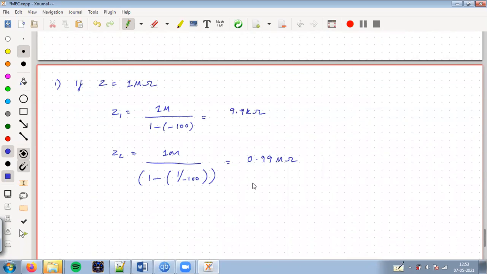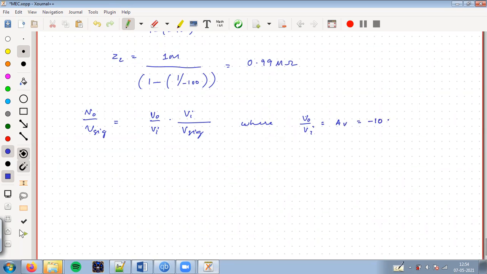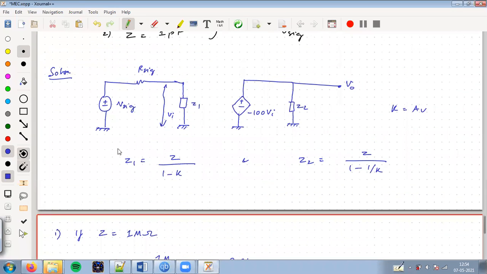Right. So for this, what is V naught by V signal? V naught by V signal is actually V naught by Vi into Vi by V signal, where I can write V naught by Vi as AV, which is minus 100. And if you look at this circuit, R signal and Z1 are a voltage divider configuration.